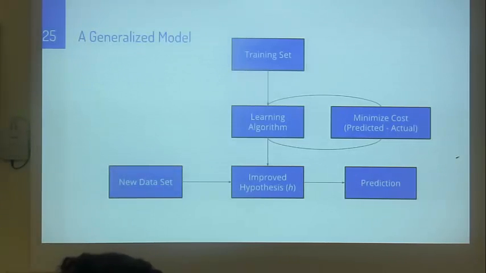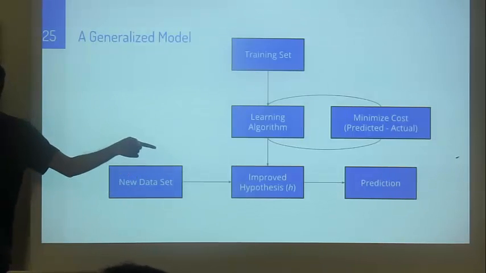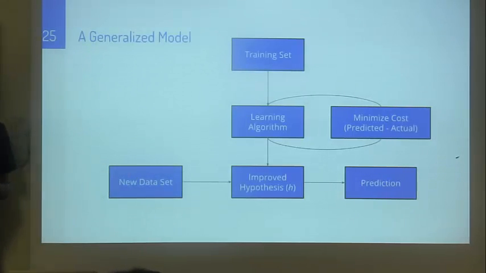What the hypothesis means is your function, mx plus c. So you have an improved mx plus c, so given a new data set, it can give a good prediction. Do you have any questions on this or the previous slides?